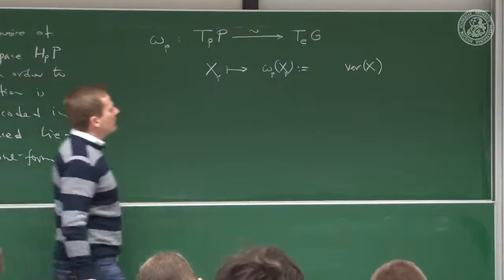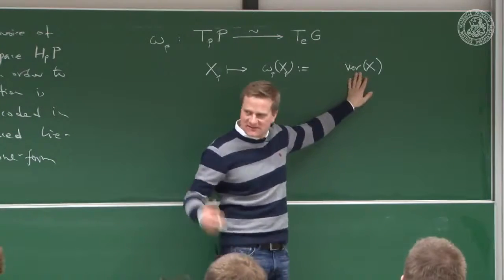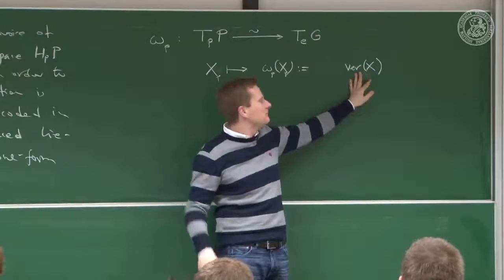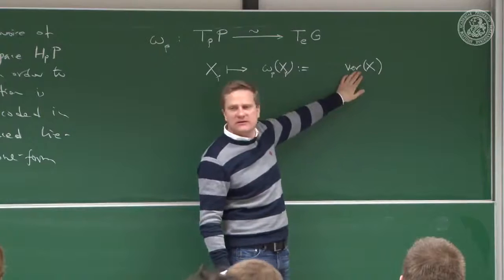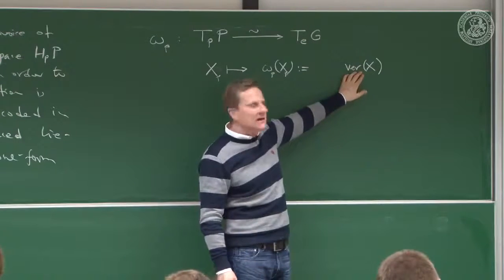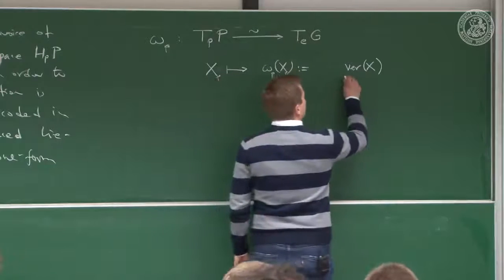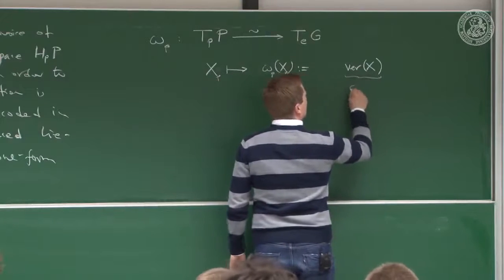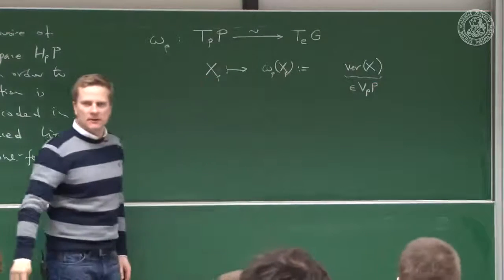At this point we might think this has nothing to do with the choice of horizontal subspace, but of course it does. That's the content of the caveat I gave. So in this vertical of x is already information about the horizontal subspace, but this will then be an element of the vertical subspace, okay?